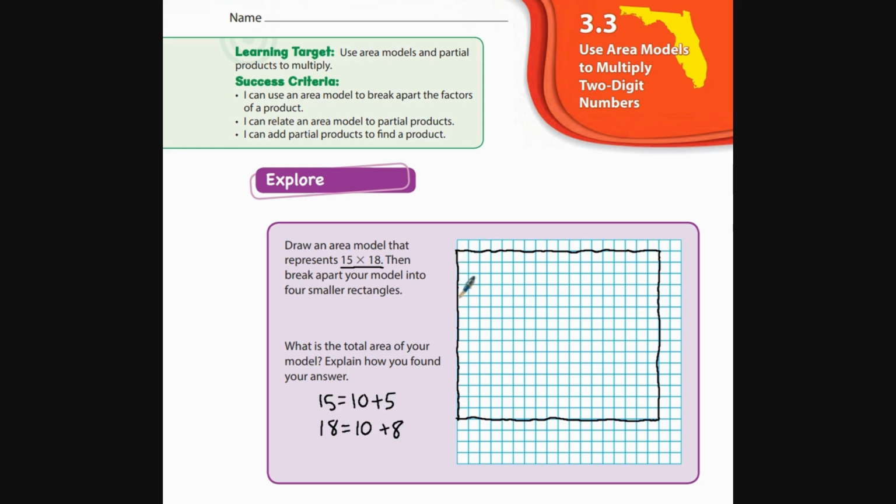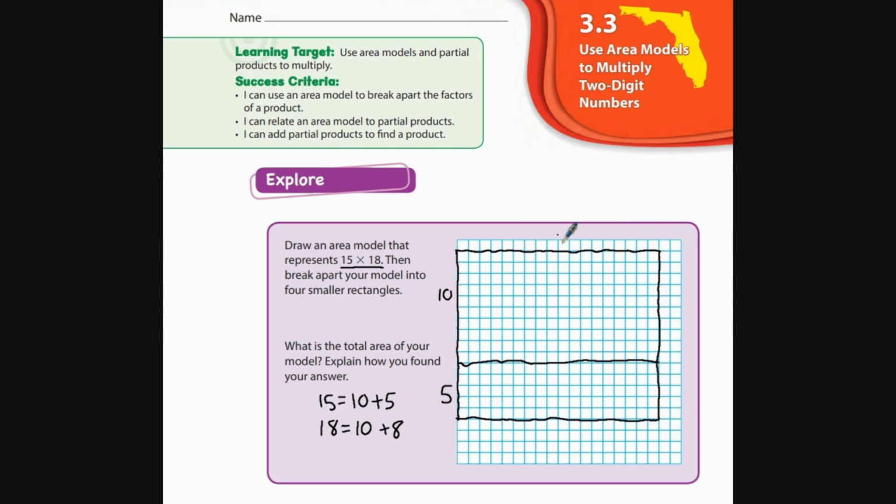I know that I have 15 down here, right? So this is what I'm going to do. I'm going to count 1, 2, 3, 4, 5, and then I'm going to draw, as best as I can, a line all the way through. This is going to be 5 because then this is going to be 10. 10 plus 5 is 15. I'm going to do the same exact thing on the top with 18.